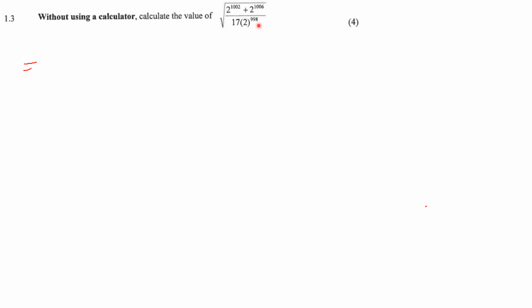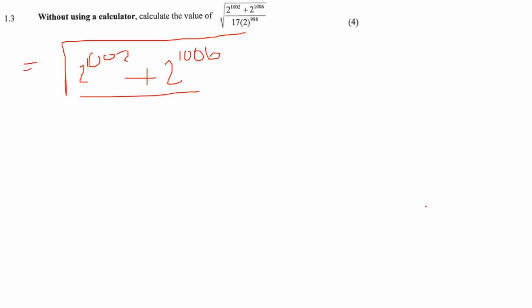So for us to cancel the 2 at the bottom, you will just have to do what? To, let's say, square root of what? Of 2 to the power of 1002 plus 2 to the power of 1006, all over 17 multiplied by 2 to the power of 998.